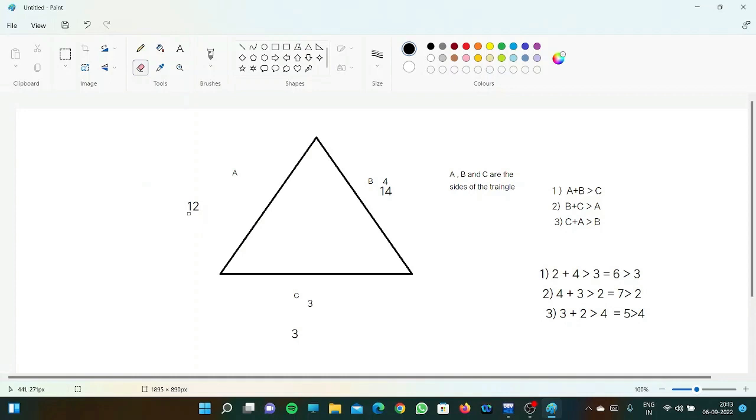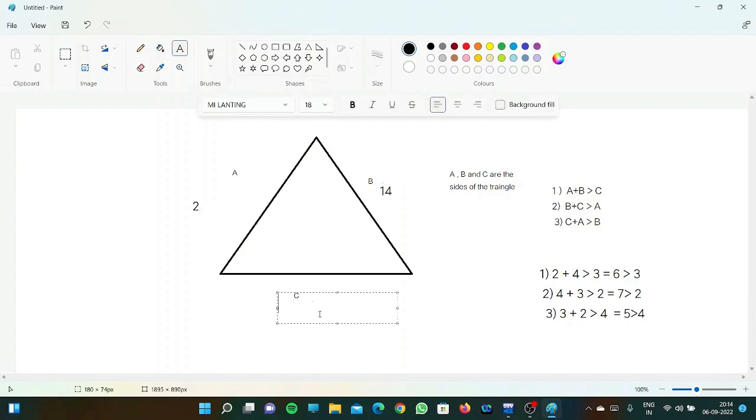So our side A is 2, our side C, and our side B. Side C, just take it as 1, or take one side as 0. Only then I think we'll be able to form an invalid triangle. So here, take this side as 0.